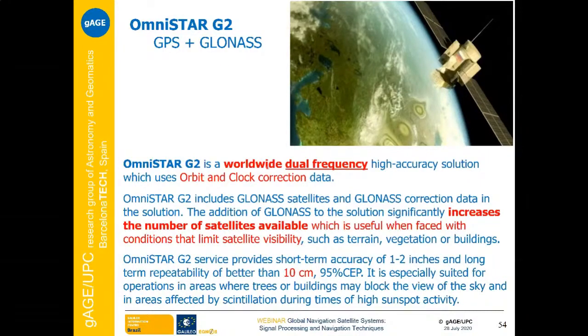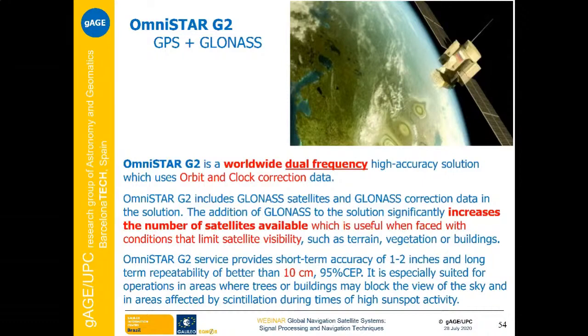Well, the idea of using more than one constellation is important in order to increase the number of satellites available. And this is useful for urban canyons, where we have buildings masking the satellites. And also, this is important in some areas under scintillation.